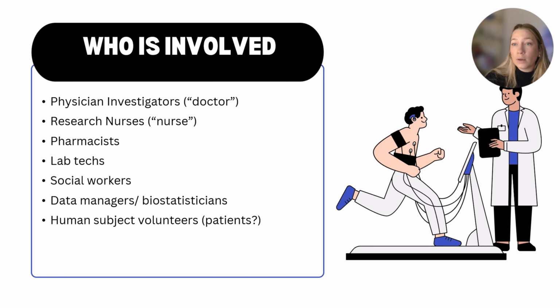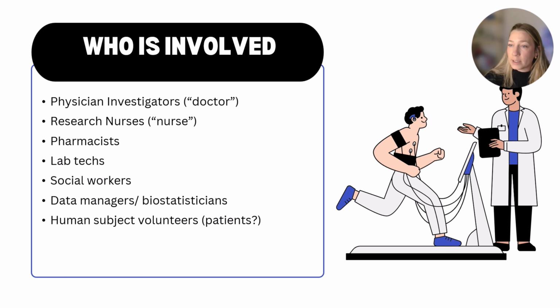So we'll talk now about who is involved in these clinical trials. These are team efforts, and they involve a wide variety of professionals. So you have principal investigators or physician investigators. These are the doctors, and they lead the trial. Your research nurses and your clinical coordinators are those that manage the day-to-day logistics.